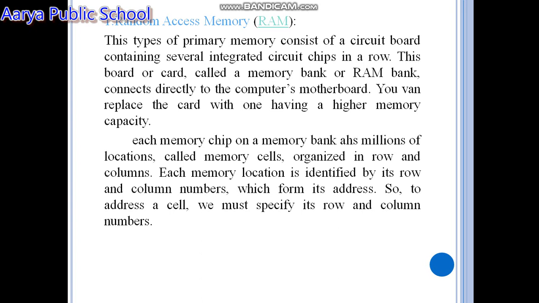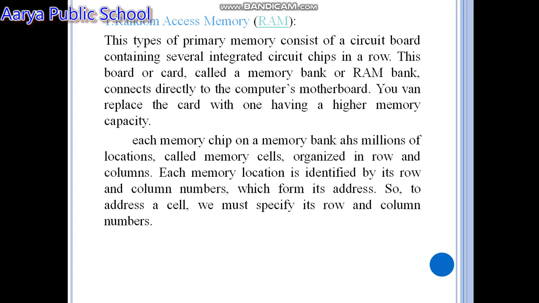You can replace the card with one having a higher memory capacity. This RAM we can replace with a higher capacity card. Each memory chip on a memory bank has millions of locations, that is, addresses, called memory cells.